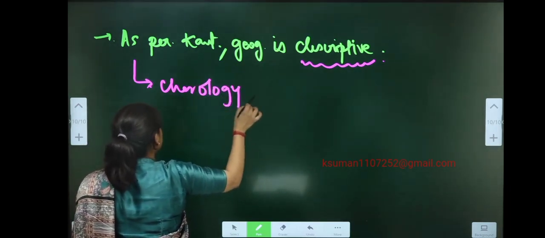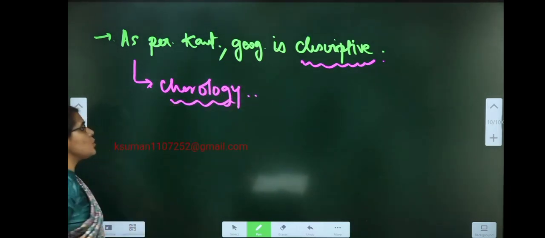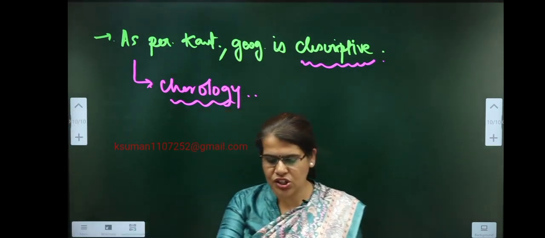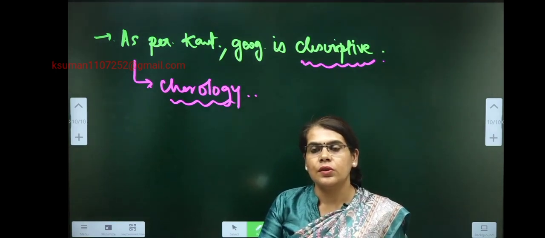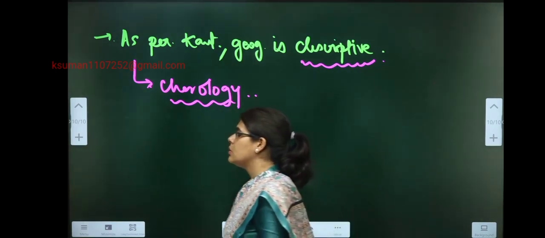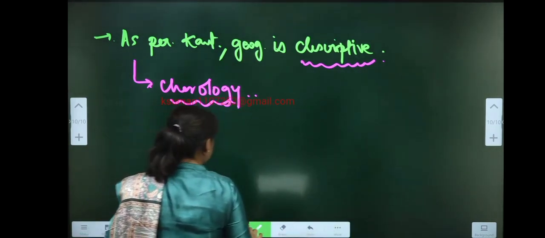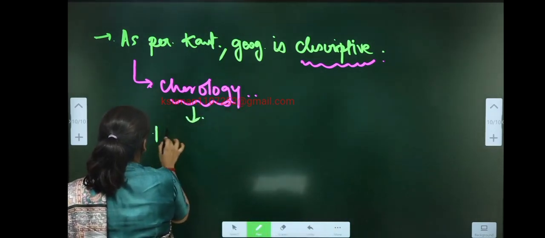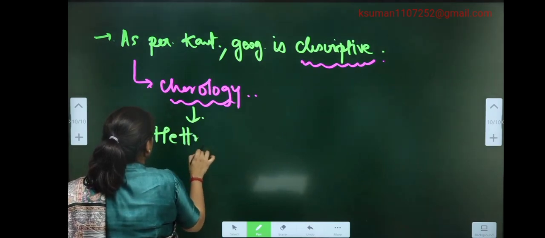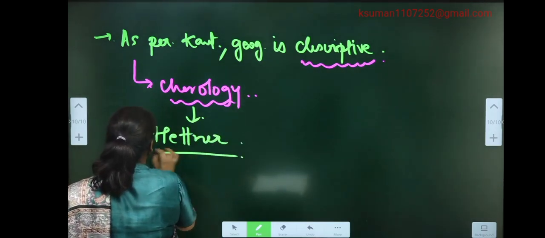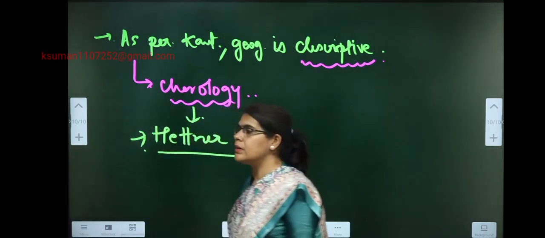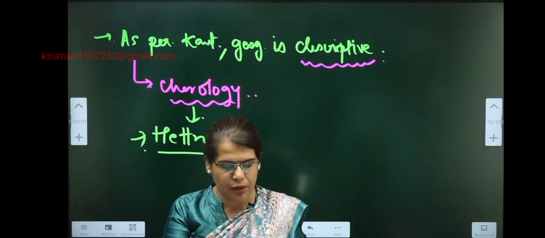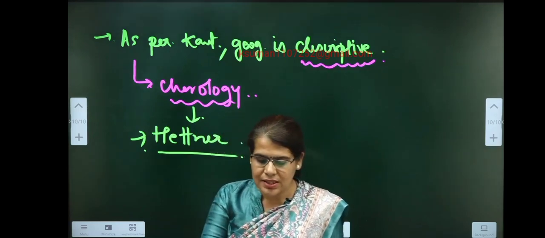So this idea of geography as chorology, which was given by Kant, was later on taken up by Hettner. Geography as descriptive, chorological sciences.